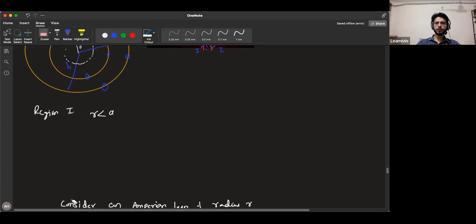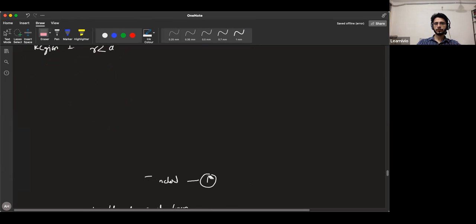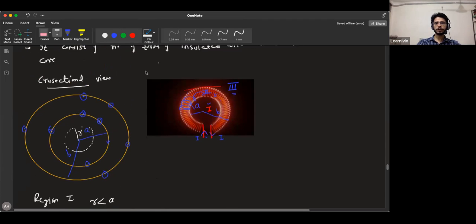So Anshika, what should be the value of I enclosed in region 1? This is region 1, and this is your loop. I take a loop here. What is the current enclosed by this loop?